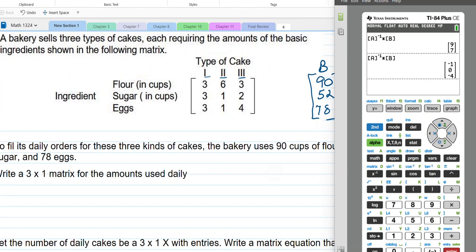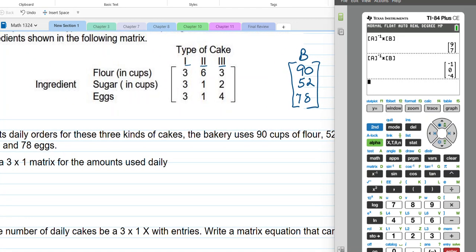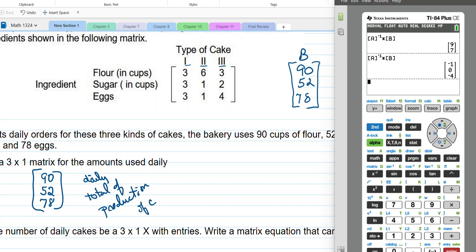Okay, daily use. So that's our B. 90, 52, and 78. All right, these are our daily totals of production of cakes.